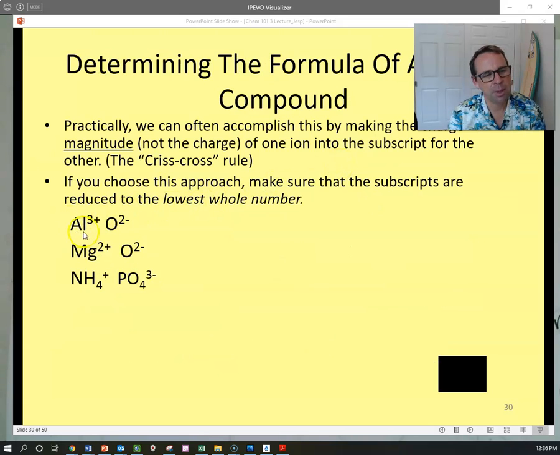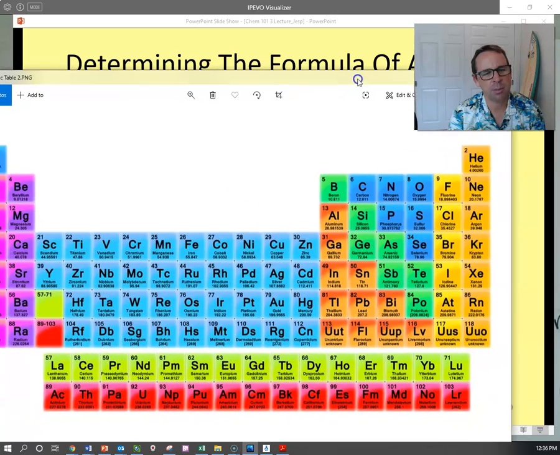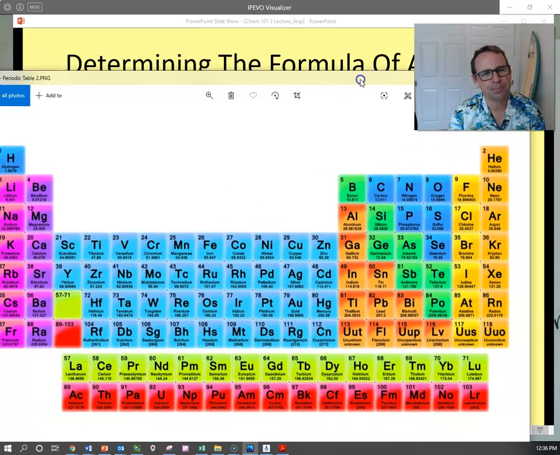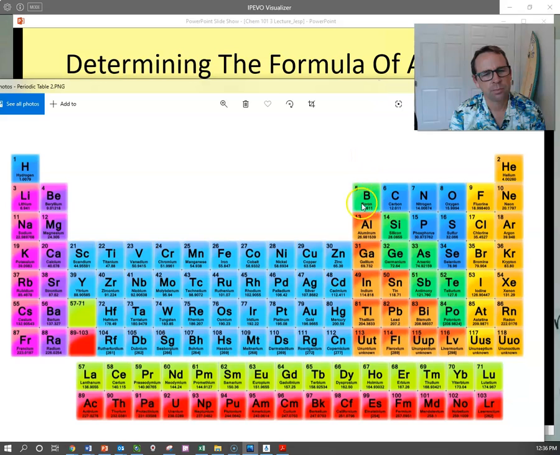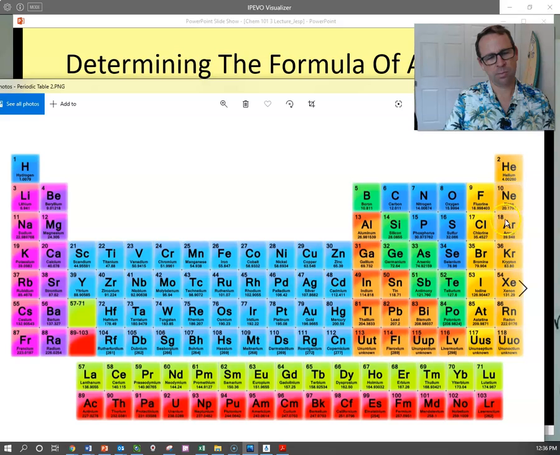If I have aluminum ions, aluminum with a +3 charge, why don't you find aluminum on the periodic table? It's number 13. To attain a noble gas electron configuration, what does it have to do? It needs 5 negative charge. Yeah, that's a big negative charge.